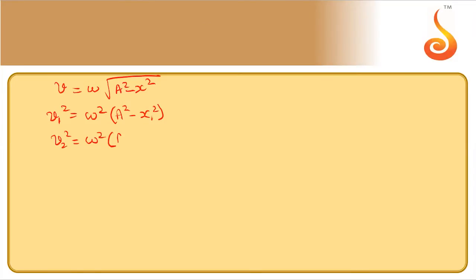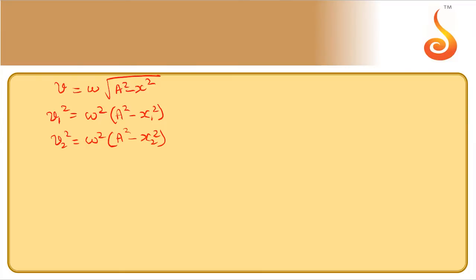So, given that the particle has velocities v1 and v2 at positions x1 and x2, we know that v is omega into root of a square minus x square. So v1 square is omega square into a square minus x1 square. Similarly, v2 square is omega square into a square minus x2 square.